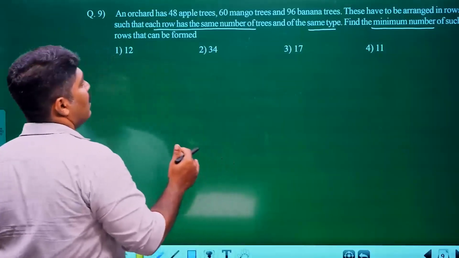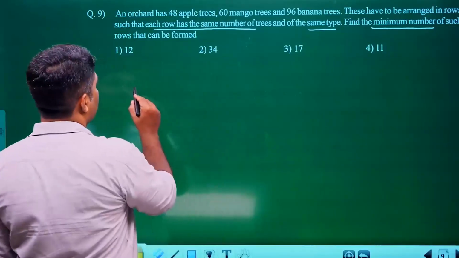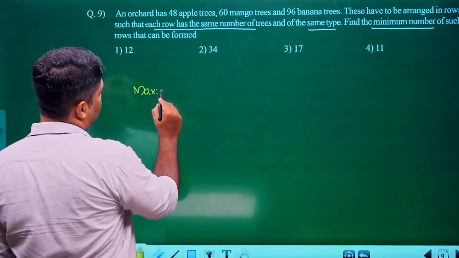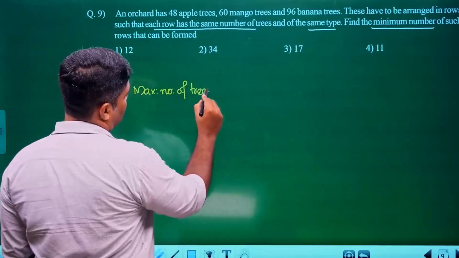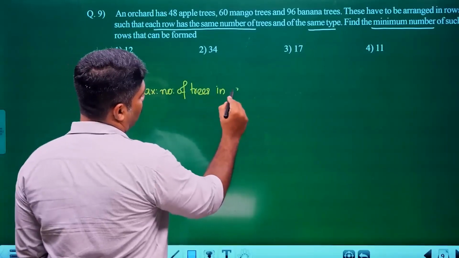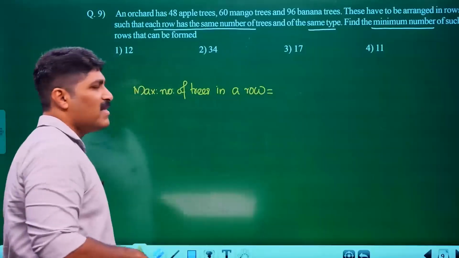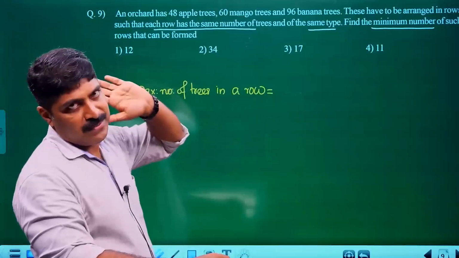So first we have to consider what is the maximum number of trees in a row. That's a simple logic. That should be the HCF of these three values.